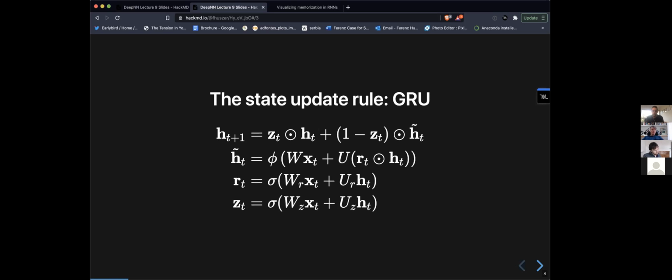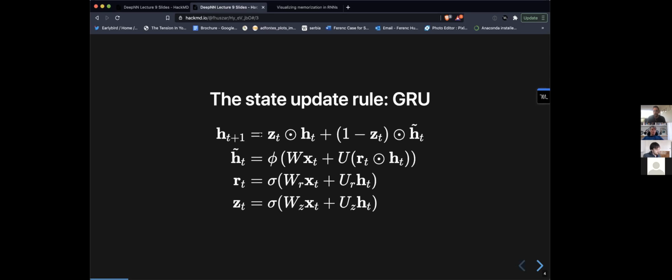One of the ways to overcome this limitation of memory is to introduce gating mechanisms. Here are the update equations for the gated recurrent unit. One new type of operation that we haven't seen before, which we introduce, is component-wise multiplication of different activations within the network.